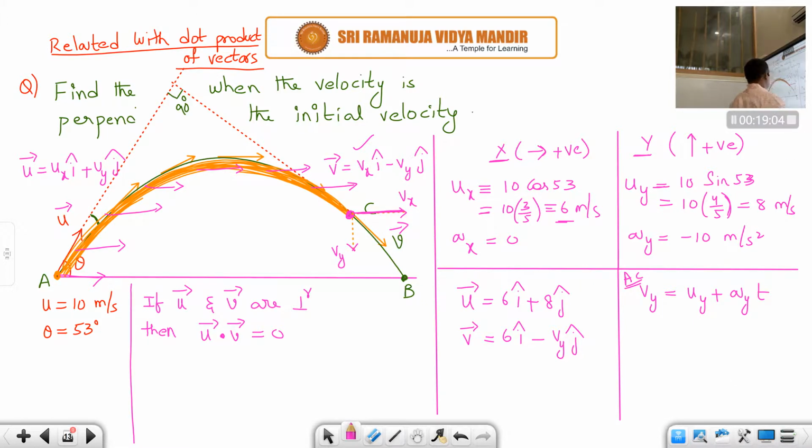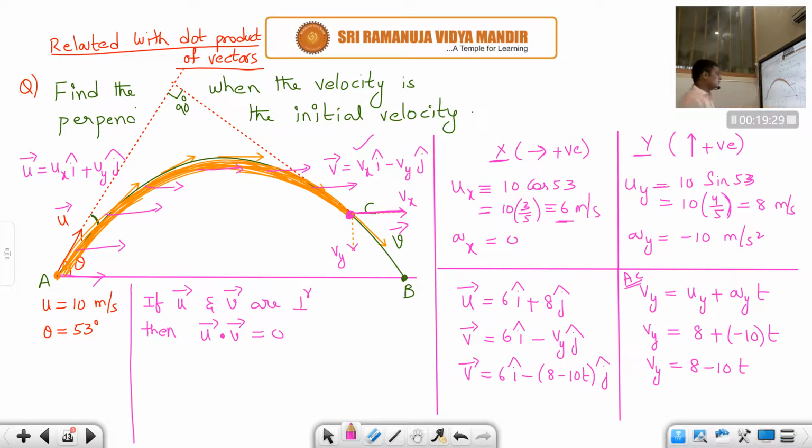So vy is equal to, what is uy, students? Uy is 8, plus what is ay? Minus 10. And time I don't know, so keep it in terms of t. So I can write the v vector is equal to 6 i cap minus of 8 minus 10t j cap, because here vy we got as 8 minus 10t.